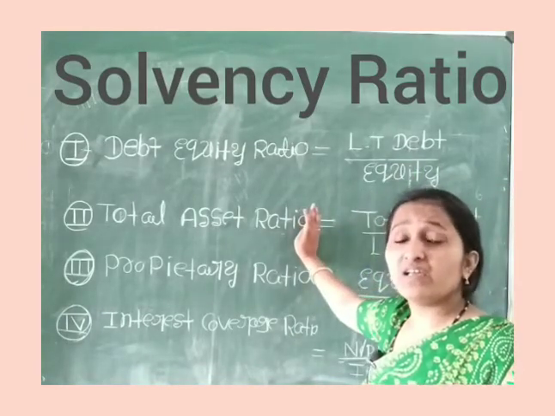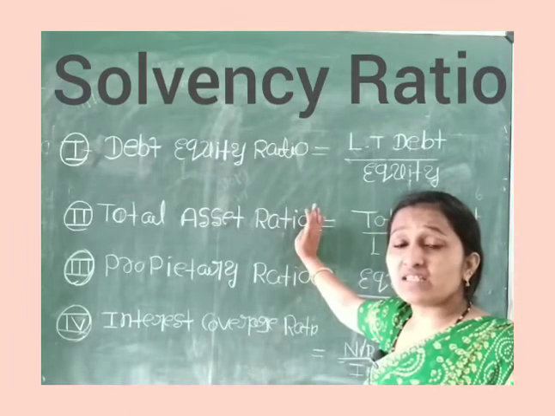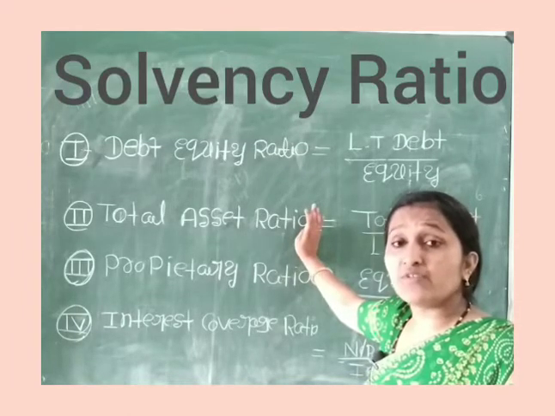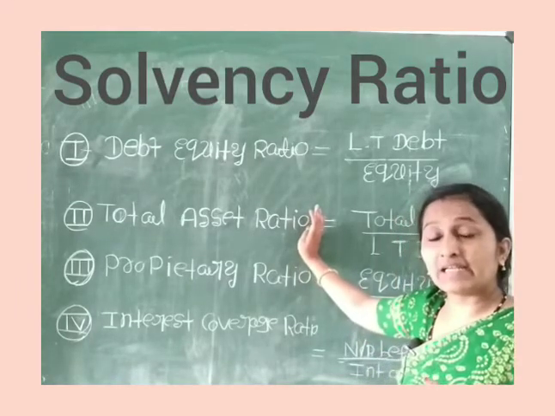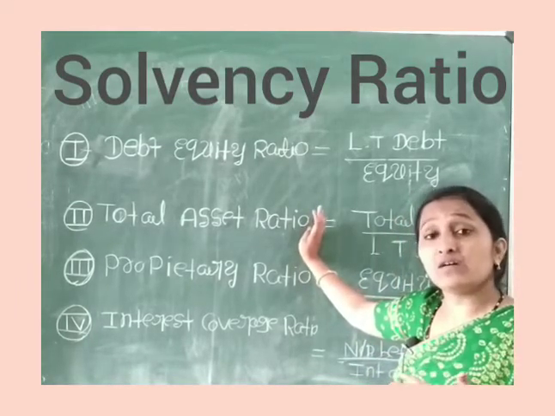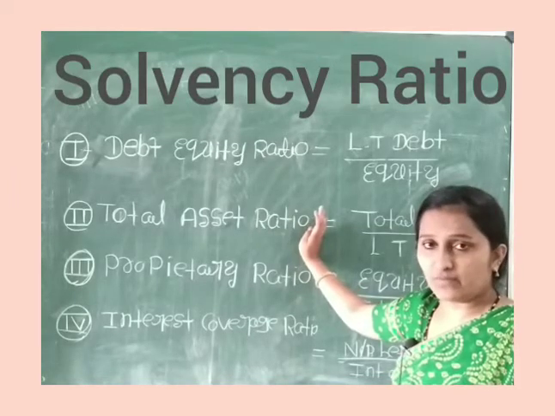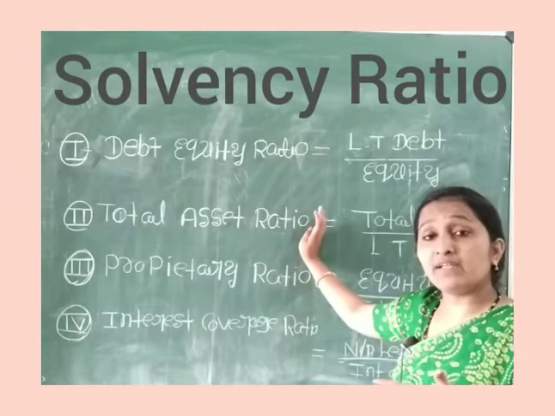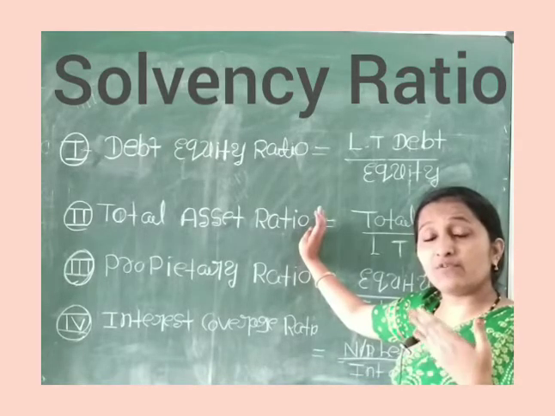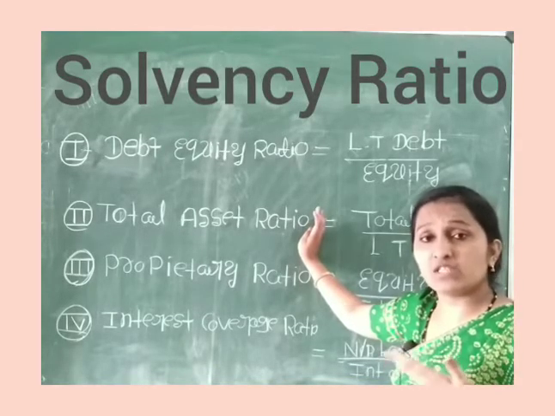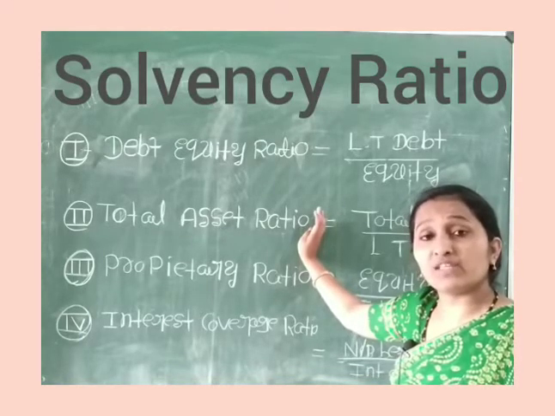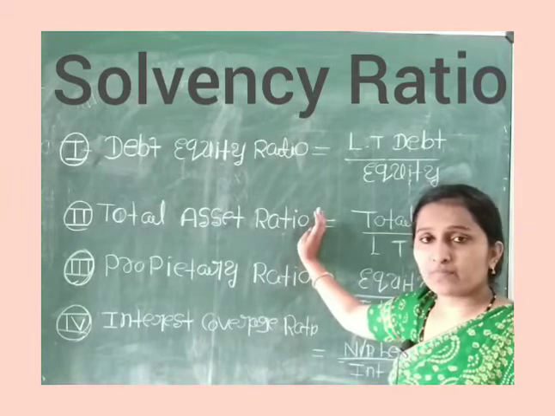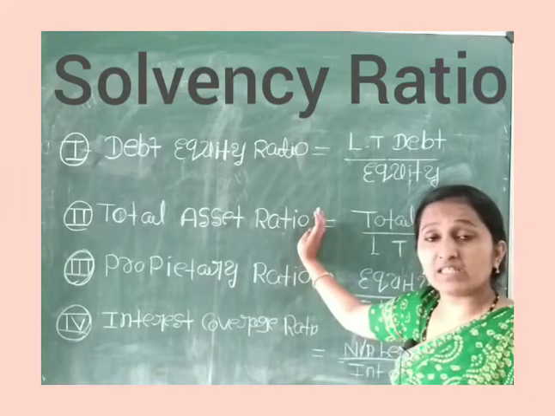In this lesson, as the lesson name itself tells you, accounting ratio, the accounting data we get, we express in the form of a ratio. It is one mathematical expression we use with the help of different formulas and different data based on the given information, and we calculate and come to know whether the company is able to meet its obligations or not. That solvency, that ability, is what we are going to calculate.